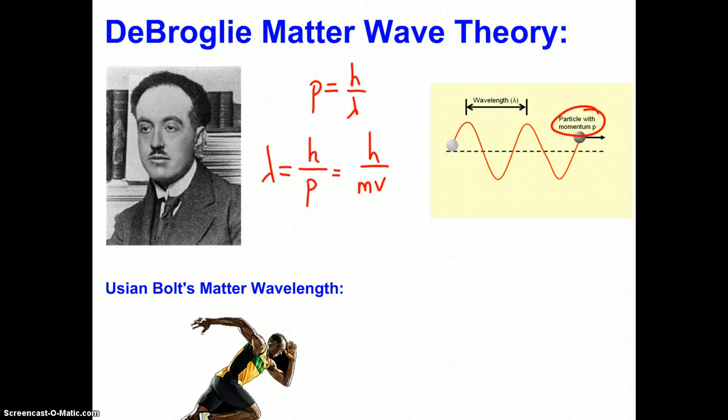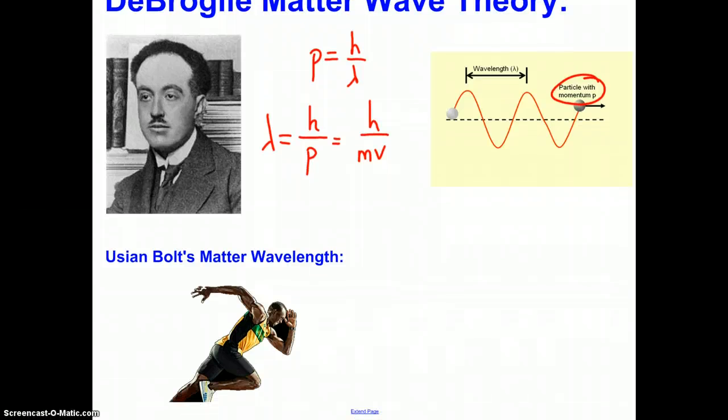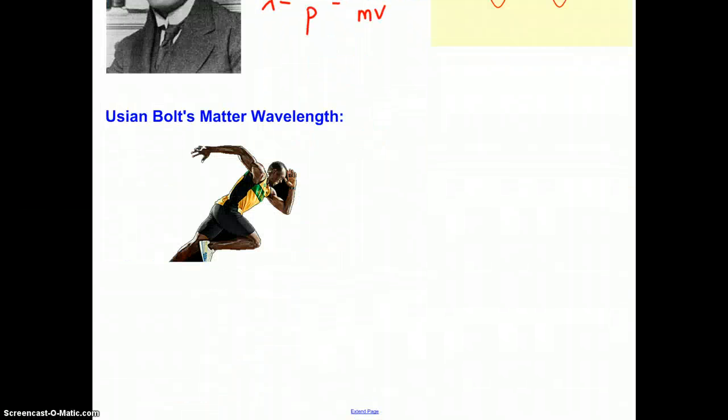Okay. I'm sure you've heard of Usain Bolt, the fastest human in the world, and I'm sure you've seen as Usain runs the wave that travels behind him, right? Well, let's prove whether or not Usain Bolt's matter wavelength is observable.